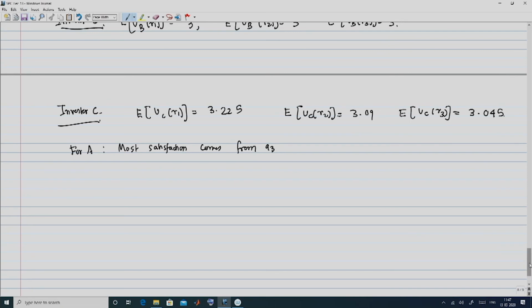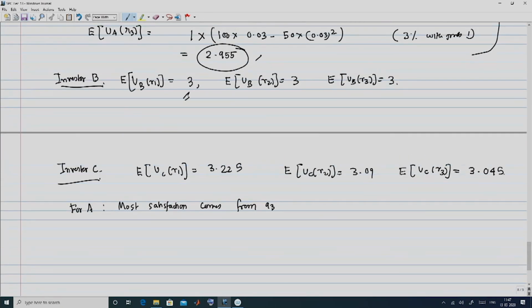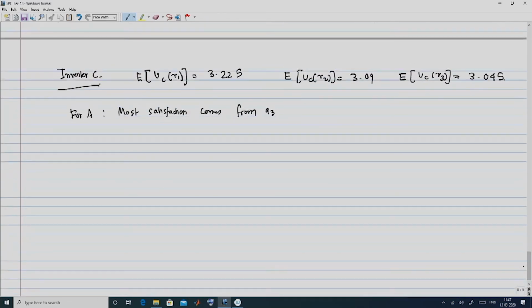Now, in case of investor B, all the expected utilities are identical, namely equal to 3. So, this means that for B, the investor is indifferent to each of the 3 assets.